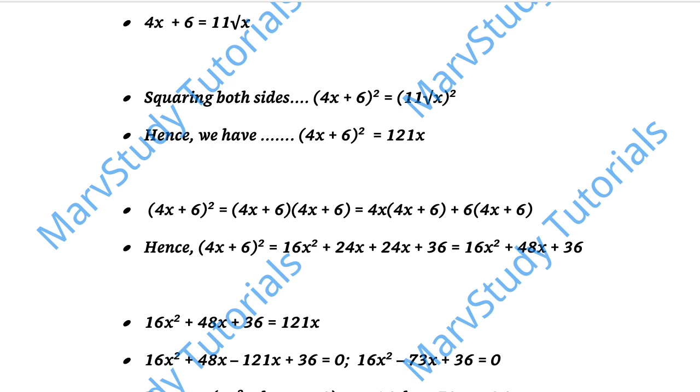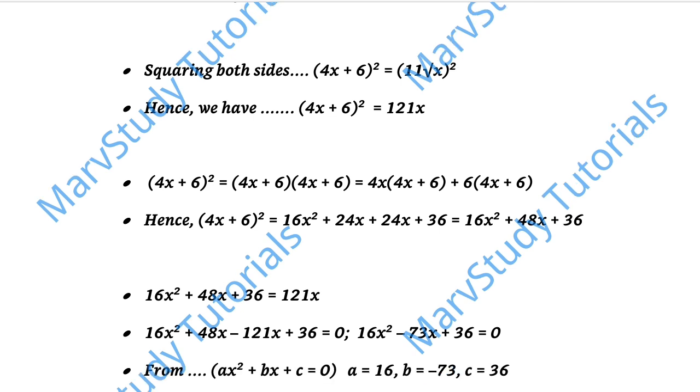So we have 16x squared - 73x + 36 equal to 0, which is now quadratic. So we then substitute in the general quadratic form, ax squared + bx + c equal to 0. In this case, a is 16 because that's the coefficient of x squared, b is -73, and c, which is the constant term, is 36.